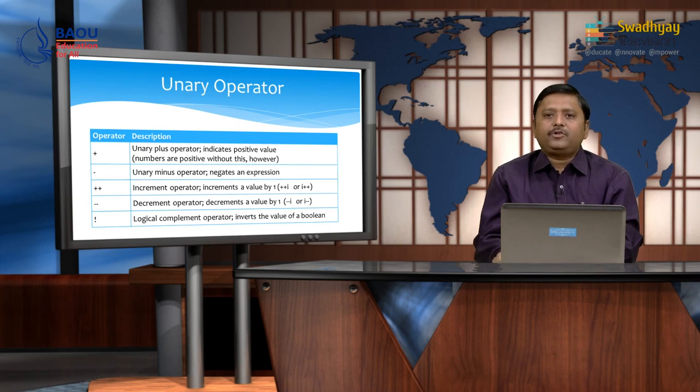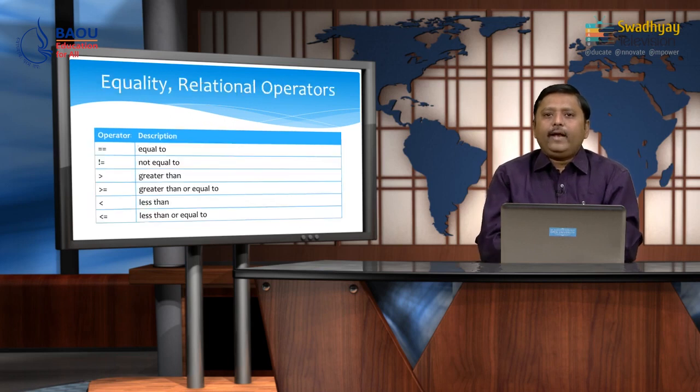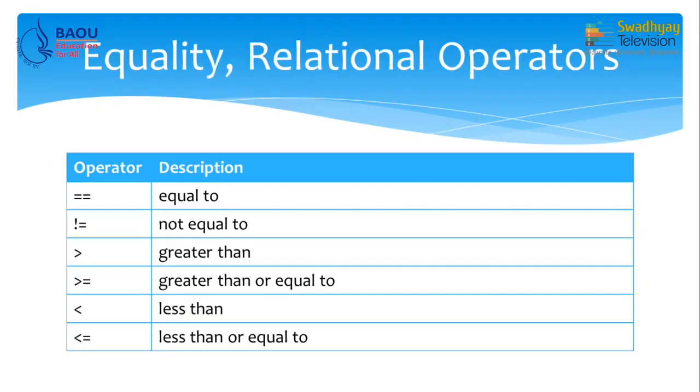Now, the next operators are the equality and relational operators. In a program we need to compare two values for equality or inequality, and greater than or less than. For that we have relational operators, because they establish the relation between two variables: which variable is larger, which variable is smaller, whether two variables are equal or not.